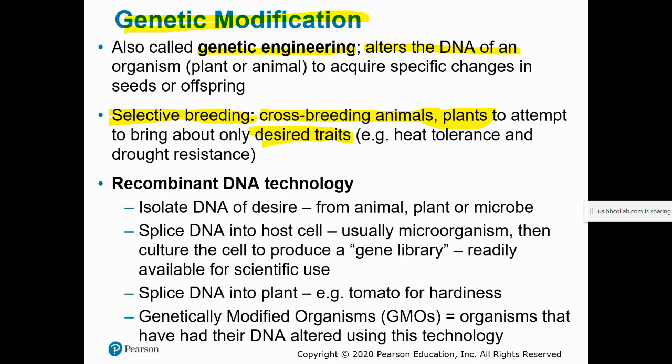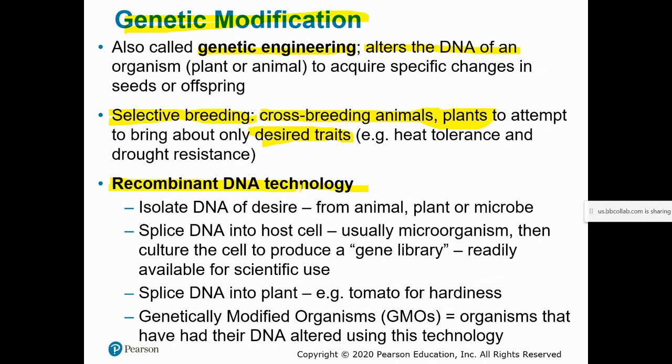Genetic engineering and recombinant DNA technology take it to another level, where humans really start to go in at a microscopic level and truly select a gene on the DNA that we want to carry on into the next life cycle.